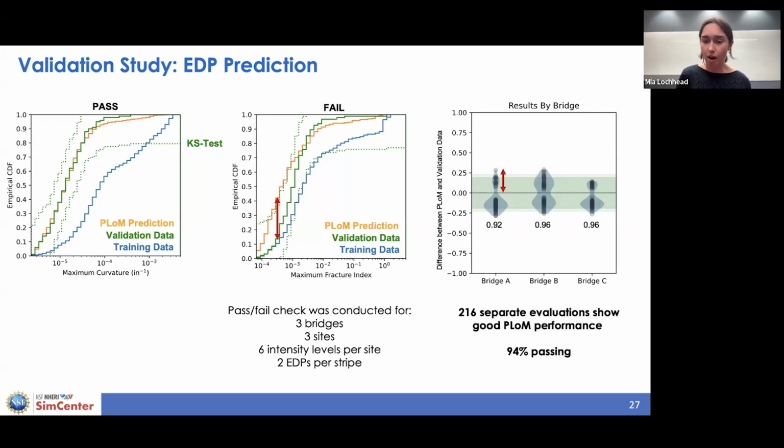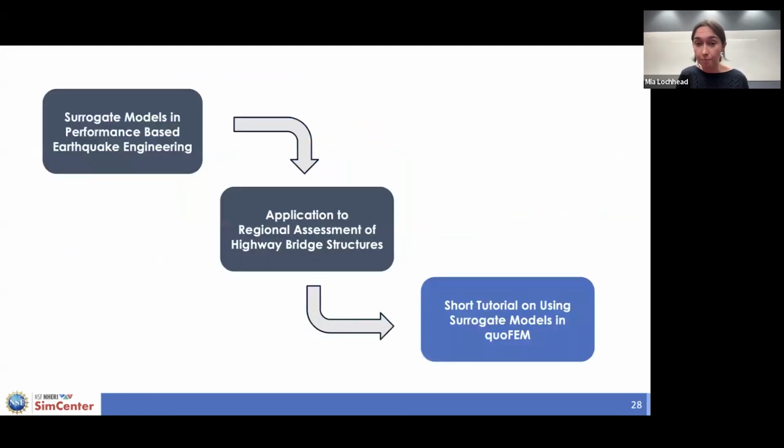And so what we see is that across 216 separate evaluations, we're seeing really good PLoM performance with 94% passing this test. And so overall, both in collapse and non-collapse, we're seeing the PLoM model is able to pick up the response of a high fidelity model quite well. And we're able to match what OpenSees can provide with what this surrogate model can provide.